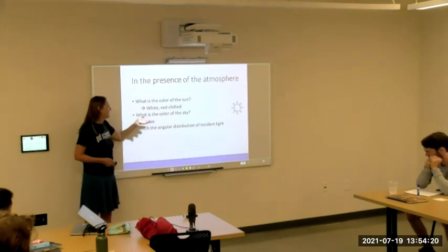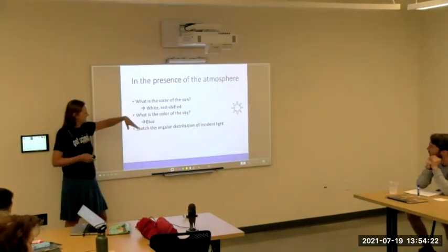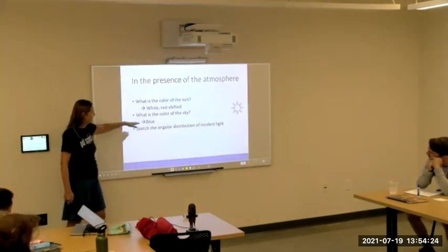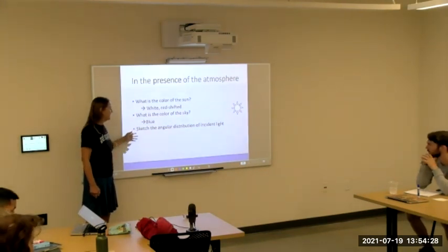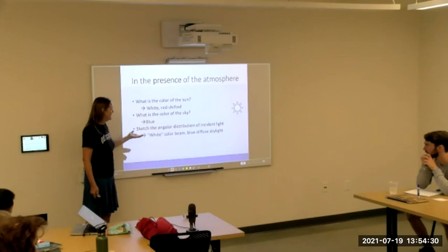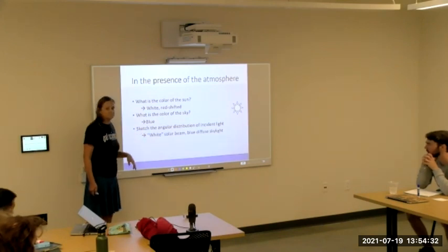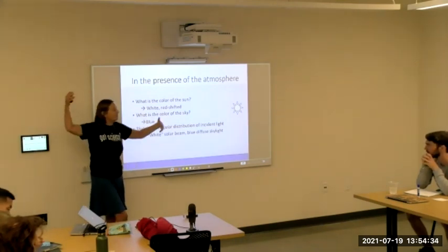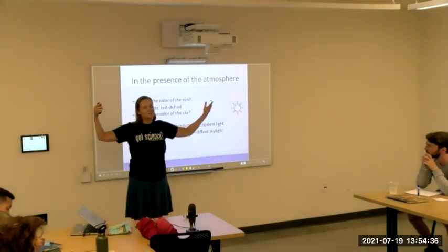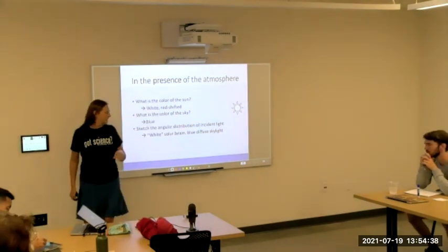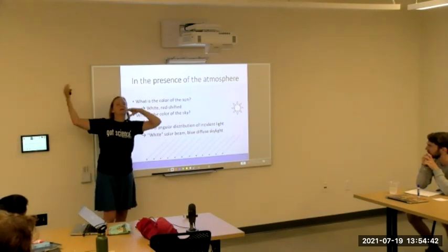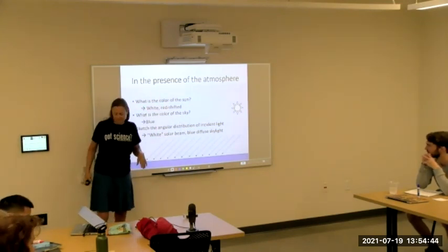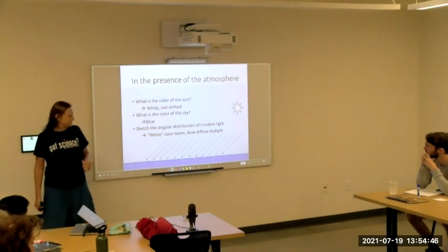But we'll say for the most part, when the sun is relatively high in the sky, it's often mostly blue. And then the angular distribution of light, well, we still have a solar beam. But then we have light coming in from the skylight, right? So we have to account for all of that. So I have those beams, and then this blue in the background is meant to be light coming in from the sky in other directions. So it gets complicated. Okay.